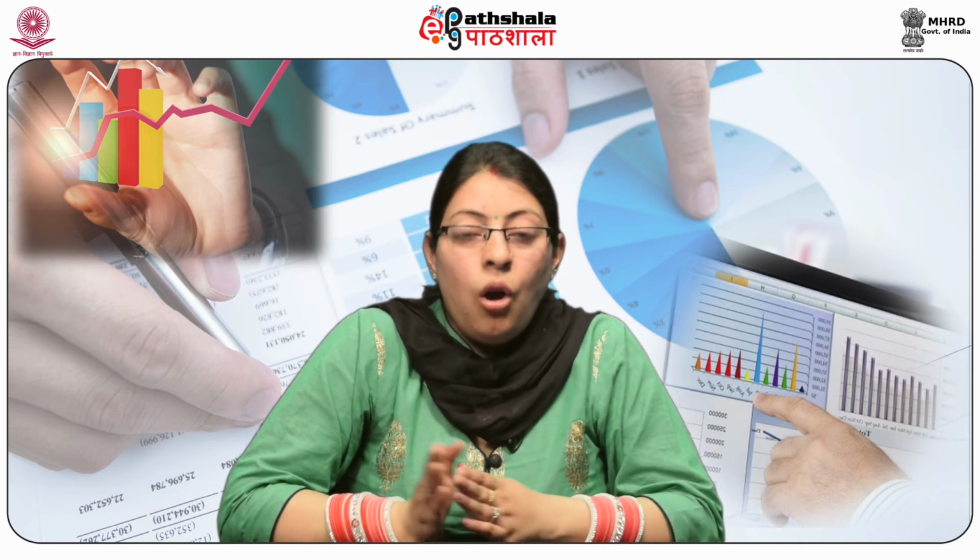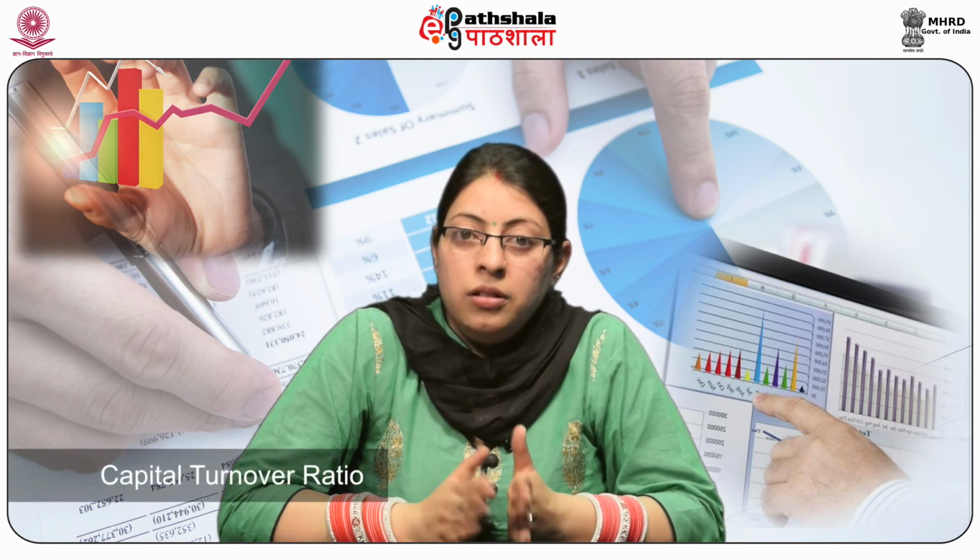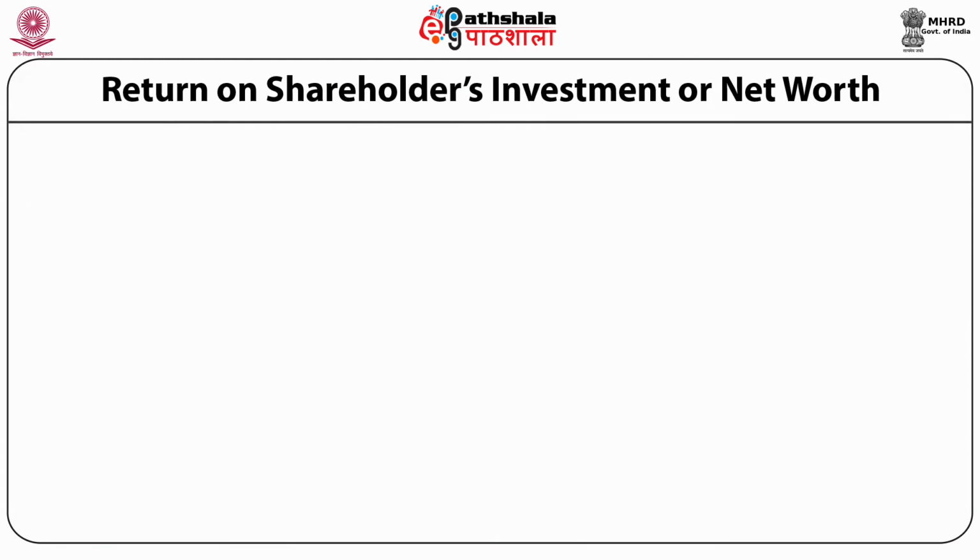Third, earning per share. Next, return on capital employed. Next, capital turnover ratio.